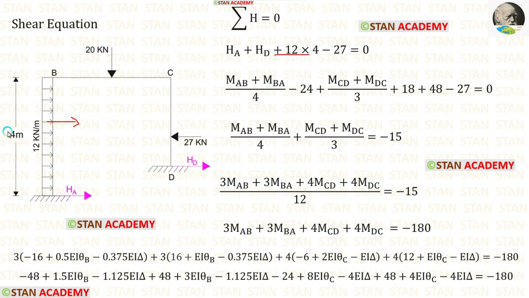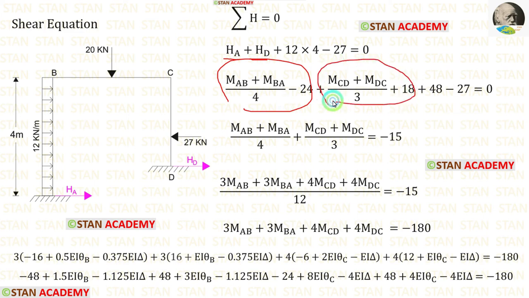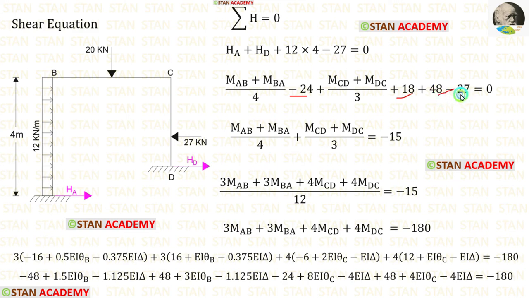For the UDL, we have to multiply with the distance. The point load is acting towards the left side, so it will be negative. For HA and HD, let us apply these expressions. Then let us add these four values.